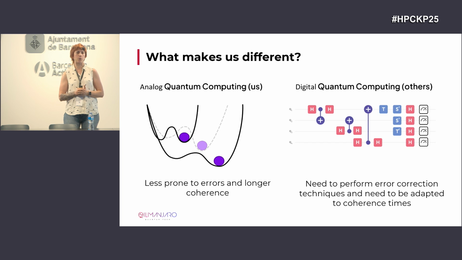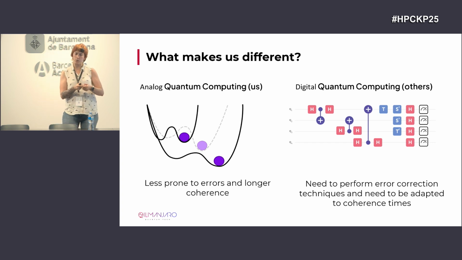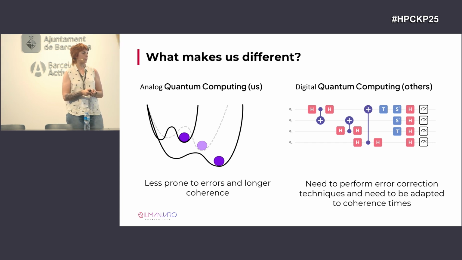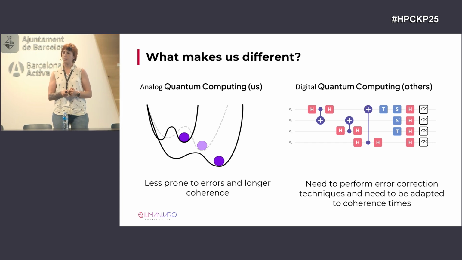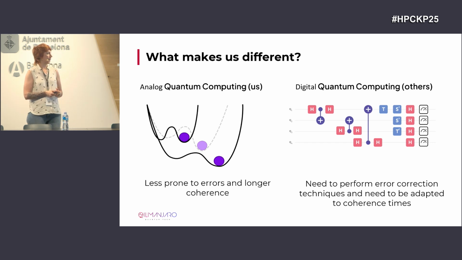So you have, for example, a 1,000 qubit superconducting digital QPU, and then you want to apply error correction using logical qubits, you might end up with 50 logical qubits at the end, or 100 in the best case scenario.